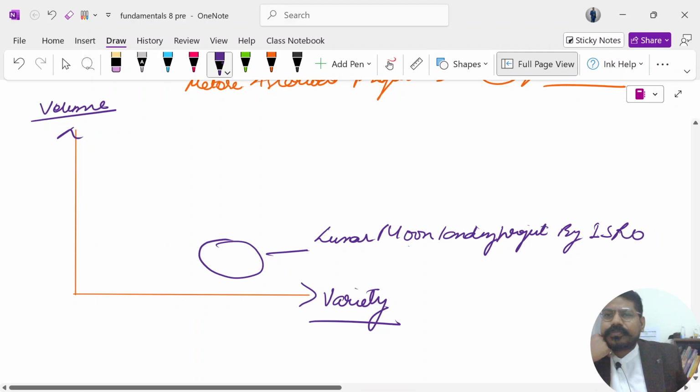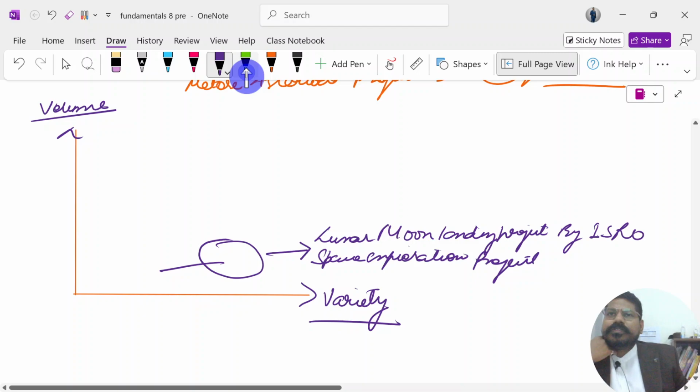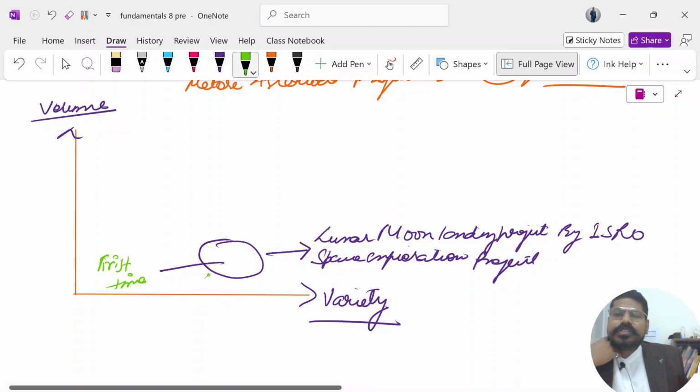Any other space exploration project which has not been done in the past? Because it is first timers, this one is a first timer. There is no use case, there is no old project to refer back, hence the risk is highest.